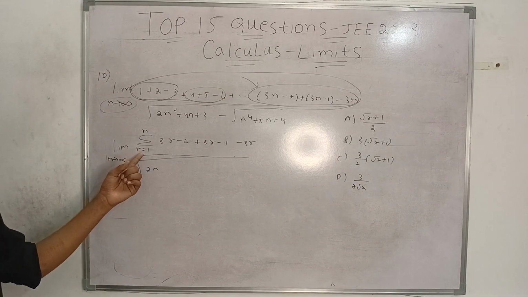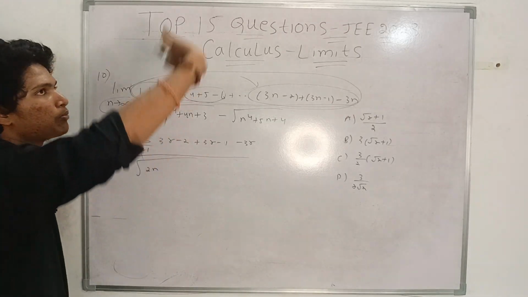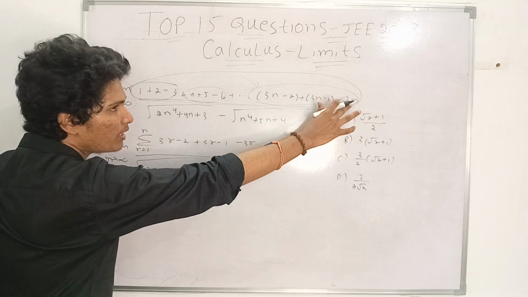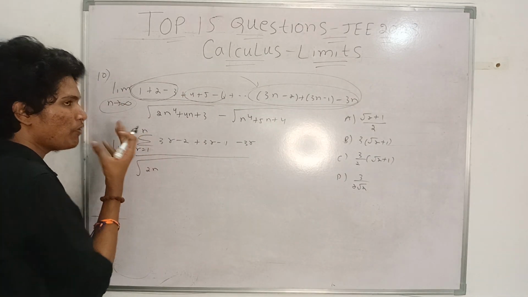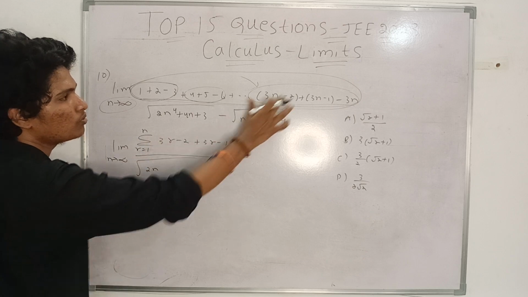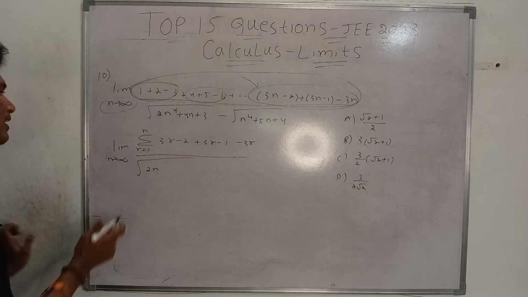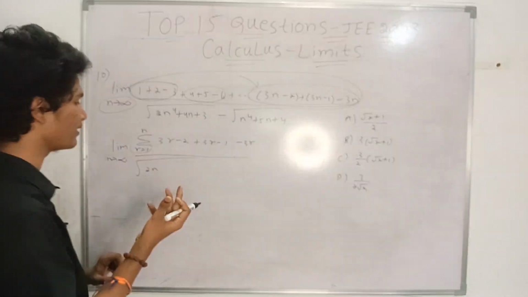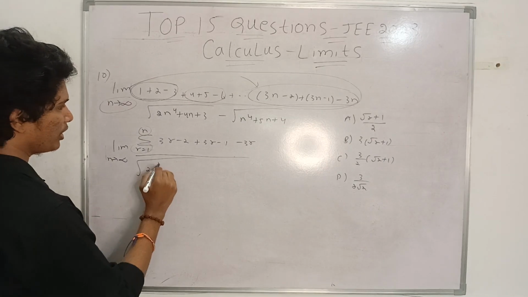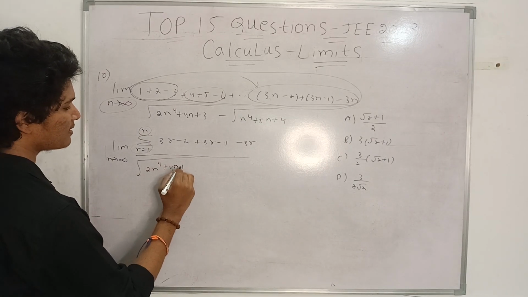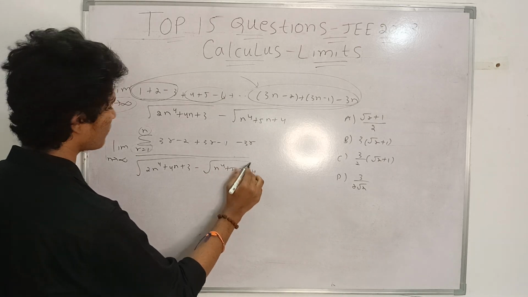Don't be confused about why I took r equal to 1: when r equal to 1 and substituting up to n, you will get this term only. Suppose when we substitute n, it will become 3n minus 2, yes, 3n minus 1, yes, minus 3n, yes, it is correct. That is the reason why I am taking r, another variable, to differentiate from the nth term. And again here, root of 2n power 4 minus 4n plus 3 minus root of n power 4 plus 5n plus 4.